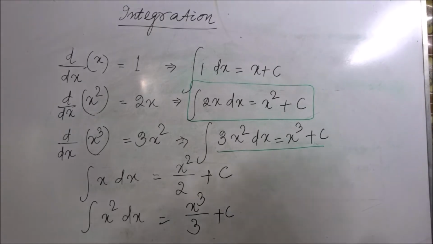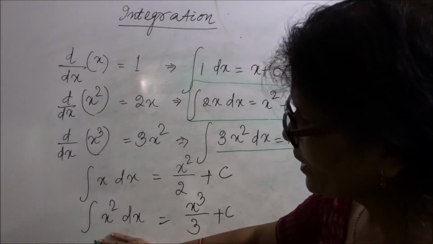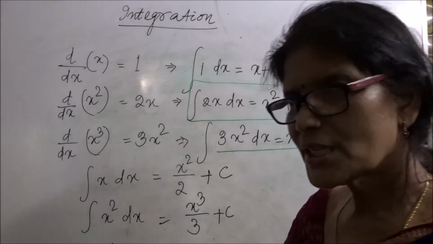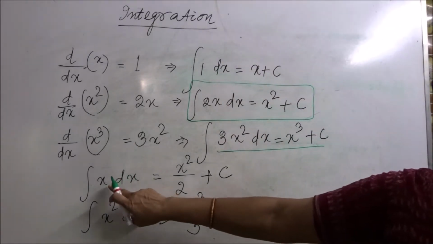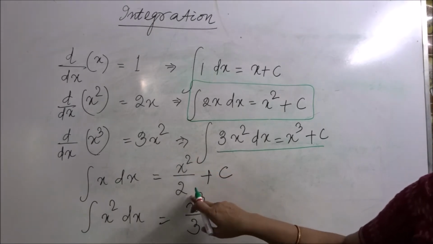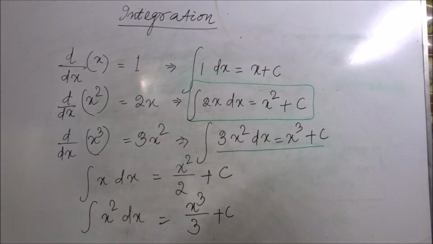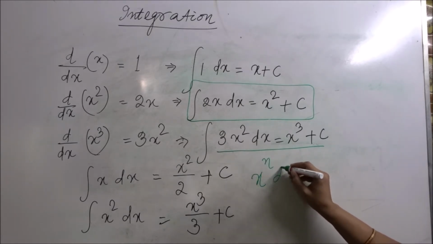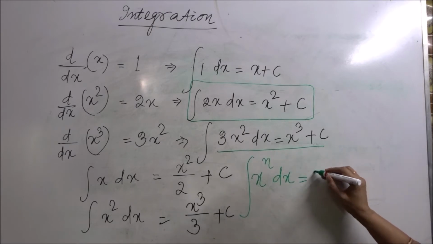Okay. Now you tell me what I'll write if it is x to the power n. If it will be x cube, it will be x to the power 4 by 4. If it will be x to the power 5, x to the power 6 by 6. Just see, it is 1, then 2 by 2. It is 2, 3 by 3. So if I write integration of x to the power n, what will be the answer?